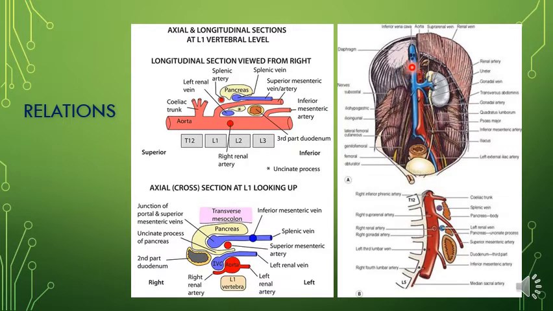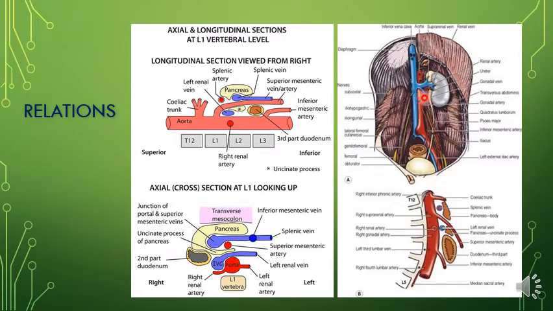These are not very clear in this image, but the more prominent structure which lies on the right side of the abdominal aorta is the inferior vena cava. Other structures present are the cisterna chyli and thoracic duct, the azygous vein, the right crus of the diaphragm, and the right celiac ganglion. So they form the relations on the right side.